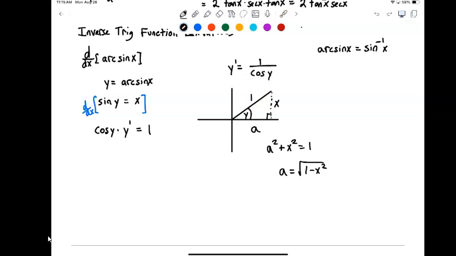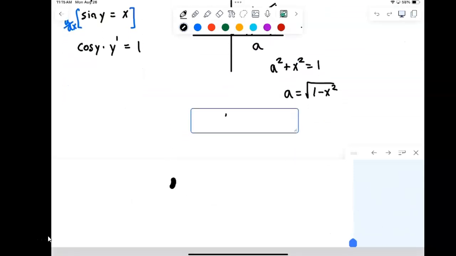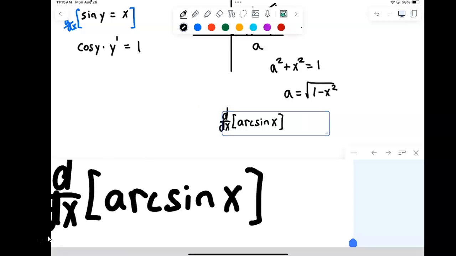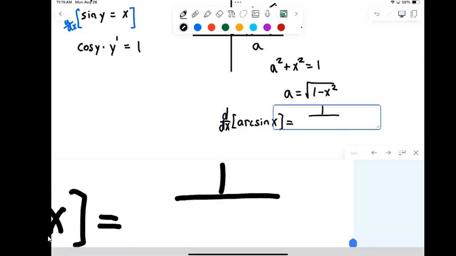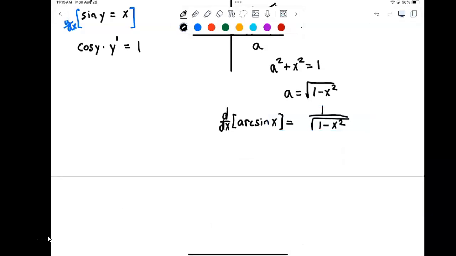So putting that all together, the derivative of the arc sine of x is 1 over cosine of y, which is 1 over the square root of 1 minus x squared. So now we have derived the derivative for arc sine.